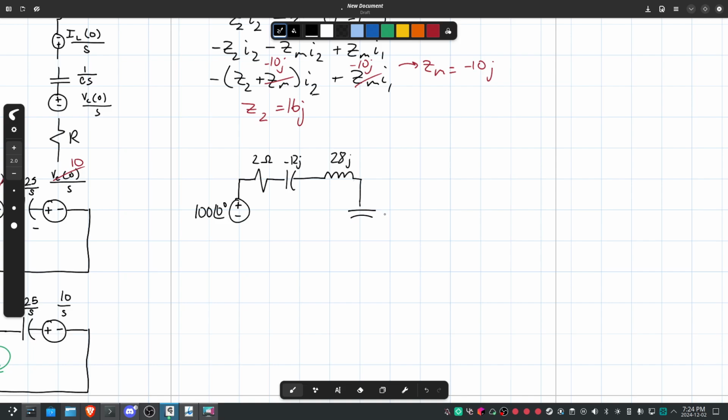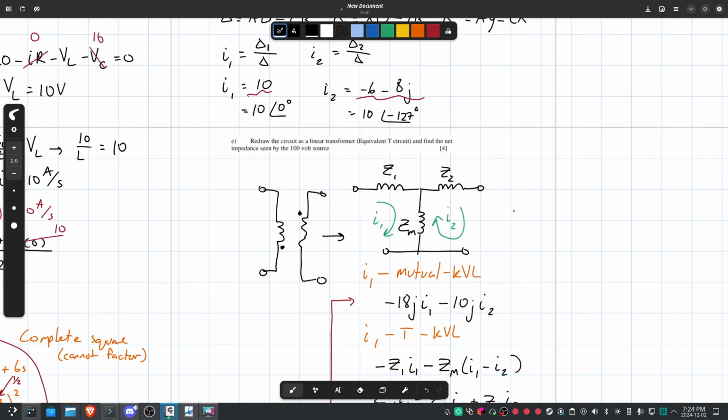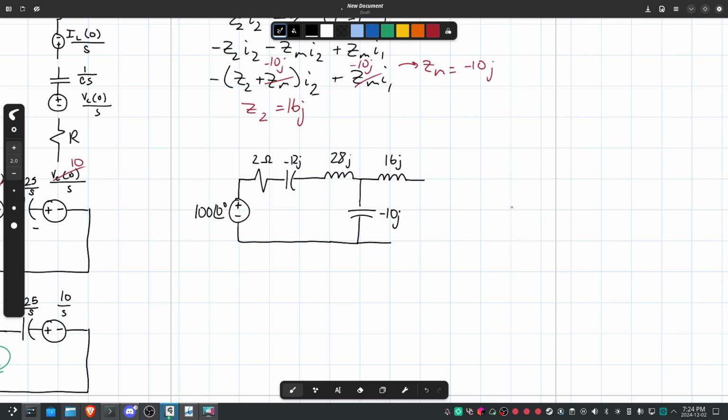Or you can just draw an impedance block. Anyway, negative 10J. Actually, you know what? I'm going to highlight the block. And then our second inductor here is 16J. And then we have the rest of our circuit, which is 5 ohm and 5 ohm, and then 3 ohm.